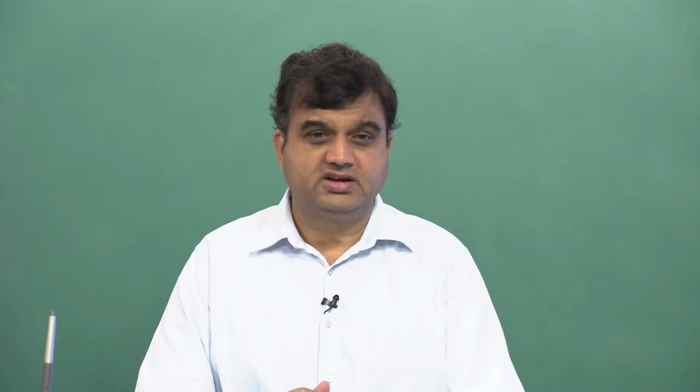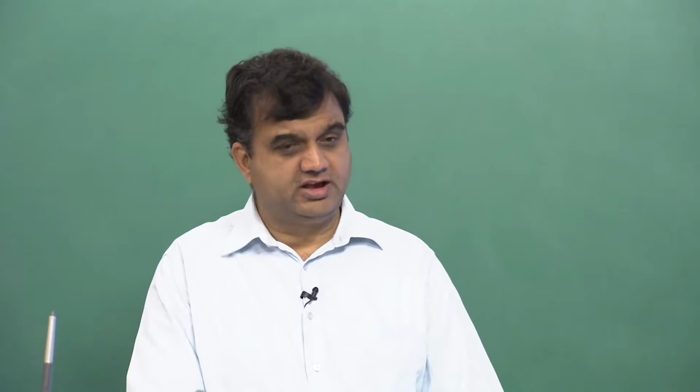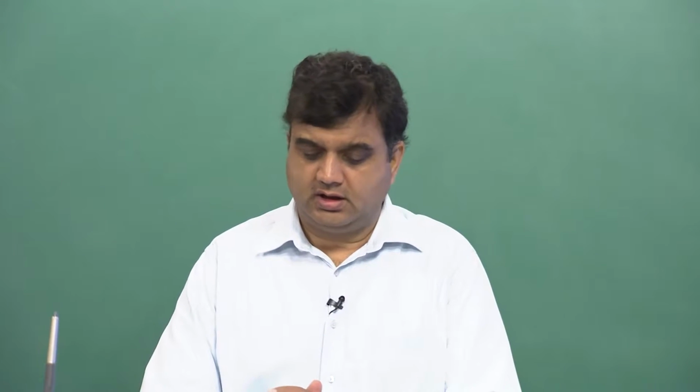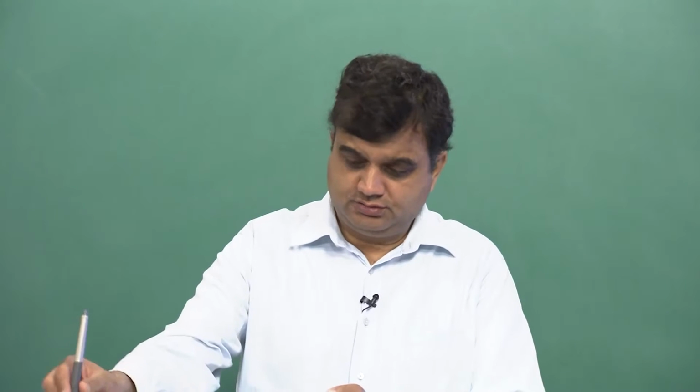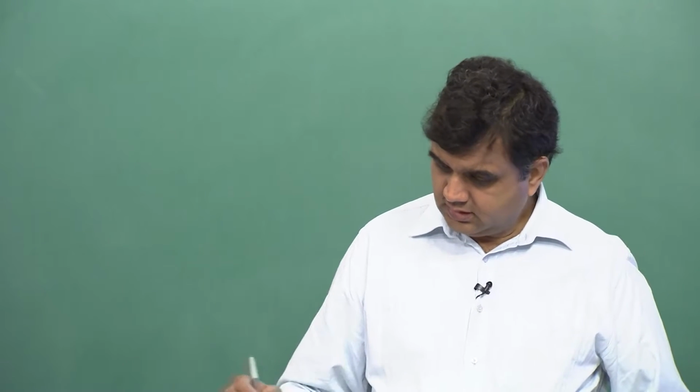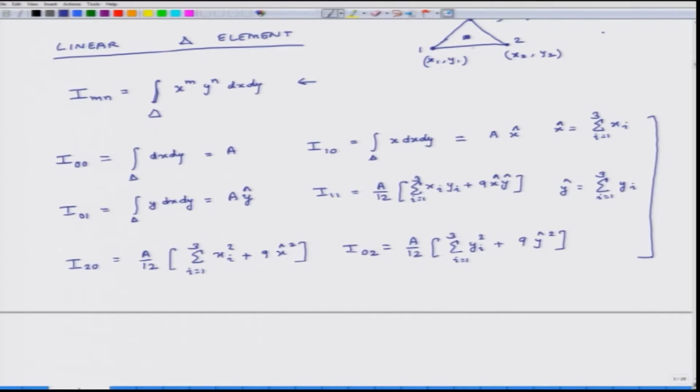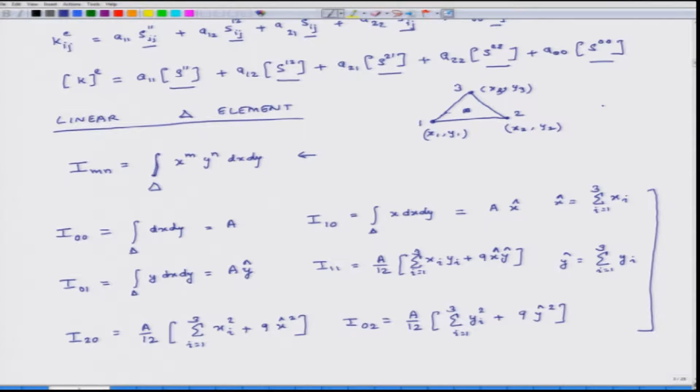Yesterday we had started developing expressions for K matrix elements, and in that context we had introduced some identities which are shown here. These are the identities related to a triangular geometry, and these identities are that Imn, which is the integral of x to the power of m times y to the power of n dx dy, and for different values of m and n we had written down these identities.